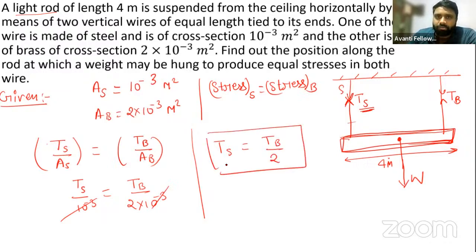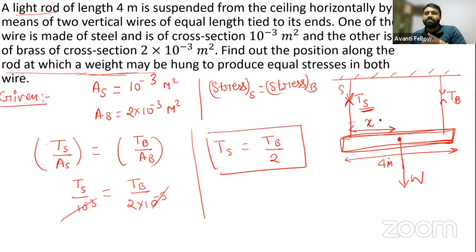Okay. Now we have to find out the position where we place this mass. This is not the weight of the rod. This is the weight that we hung. So assume that this distance from the steel wire is x.